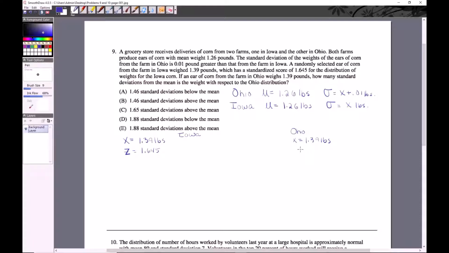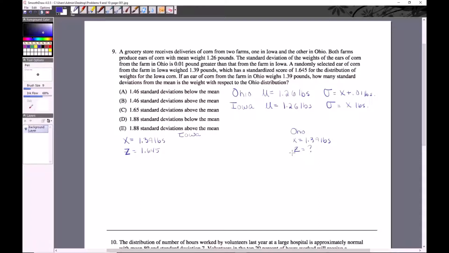The number of standard deviations from the mean, again, is a z-score, right? So that's what we're trying to find. So a standard deviation is how far away a value is from the mean of a distribution.